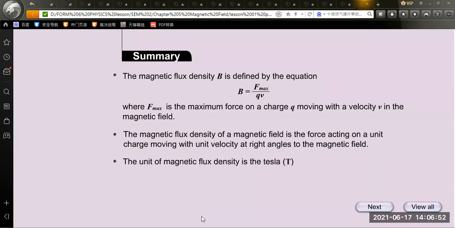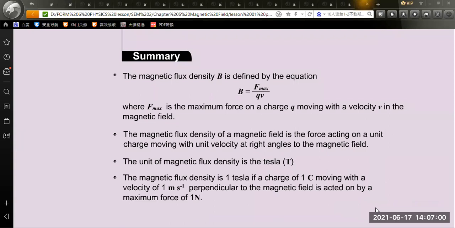Next, the unit of magnetic flux density is the Tesla, T-E-S-L-A. Finally, a magnetic flux density of 1 Tesla means that if a charge of 1 coulomb moves with a velocity of 1 m/s perpendicular to the magnetic field, it is acted on by a maximum force of 1 Newton.